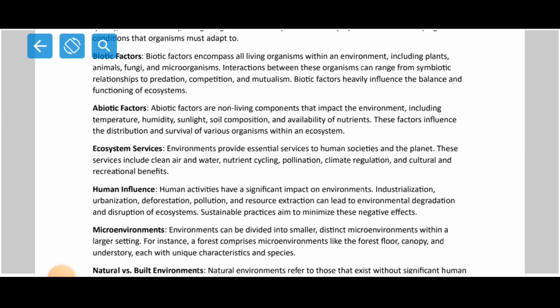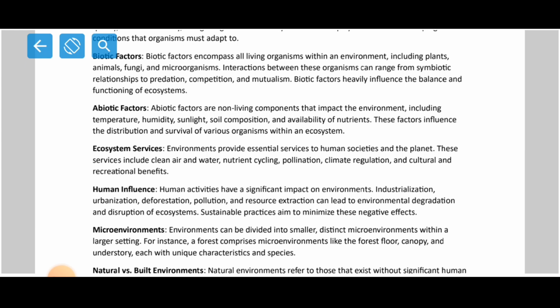Now ecosystem services. Environments provide essential services to human societies and the planet. These services include clean air and water, nutrient cycling, pollination, climate regulation, and cultural and recreational benefits. All the phenomena which go on this planet naturally are ecosystem services. We are able to breathe clean air because the plants are recycling it for us.